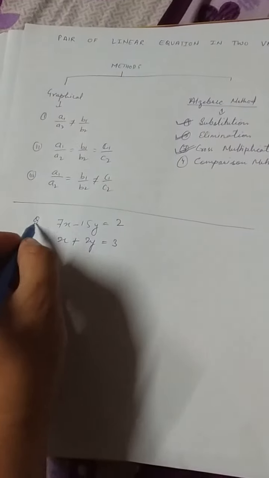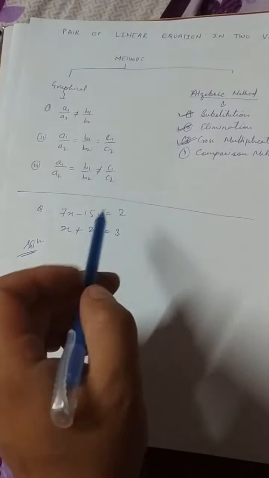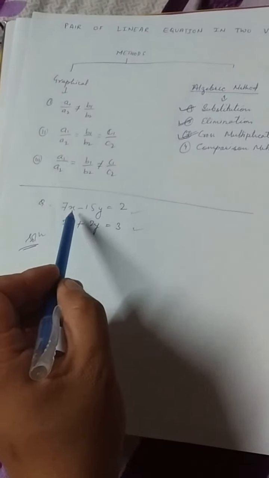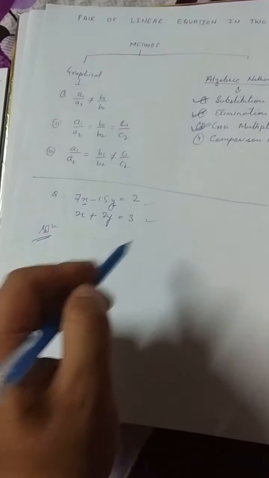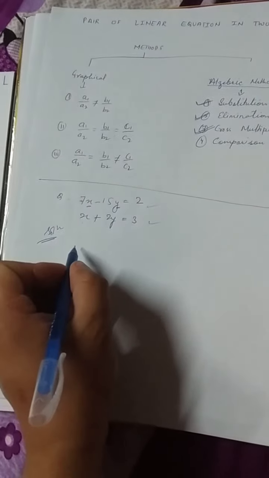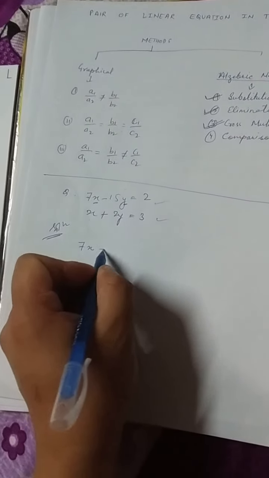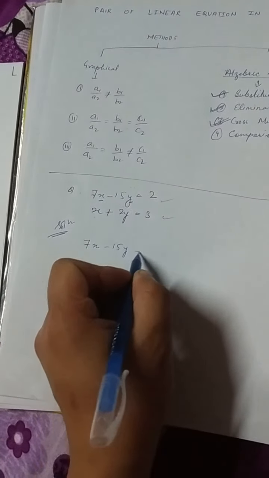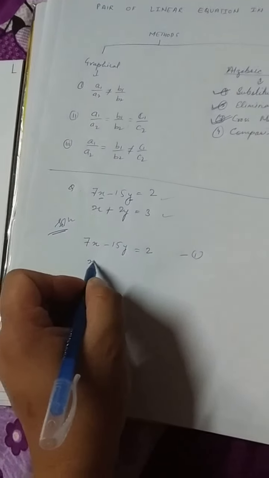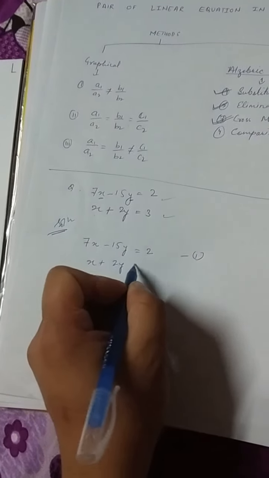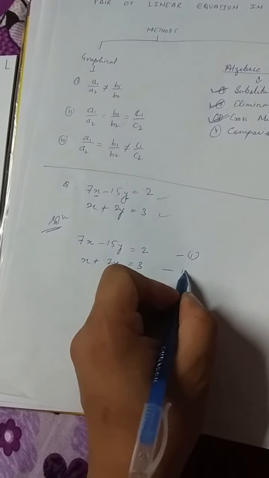These are our given pair of linear equations in two variables, x and y. We take 7x minus 15y is equal to 2 as equation 1 and x plus 2y is equal to 3 as equation 2.